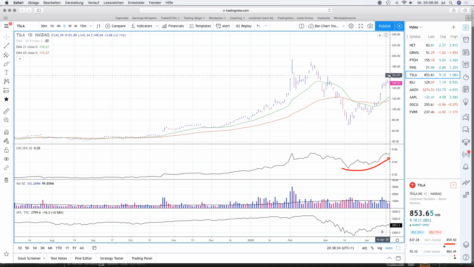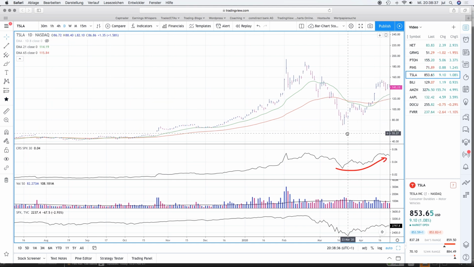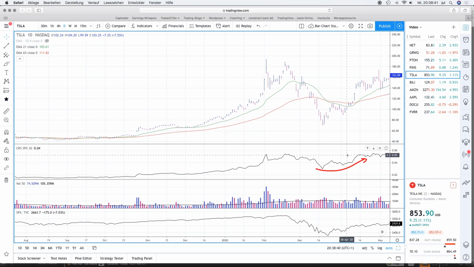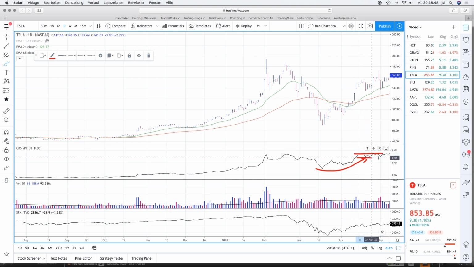And Tesla is much, much stronger here. And then you can see what I told you before. You can see this sign of strong outperformance. The RS line is not on a new high here, but at the same level as the price here.